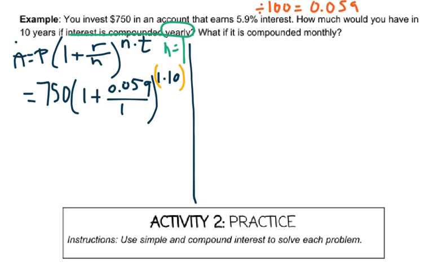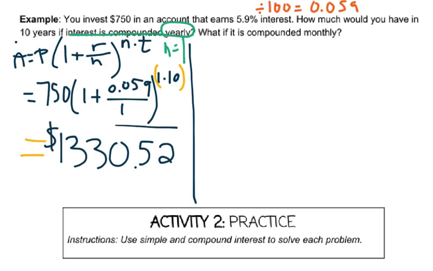To the parentheses, 1 times 10 power. And so if you enter everything correctly, you should get $1,330, and I'm going to round up to 52 cents. Okay, so that's if it's compounded yearly.